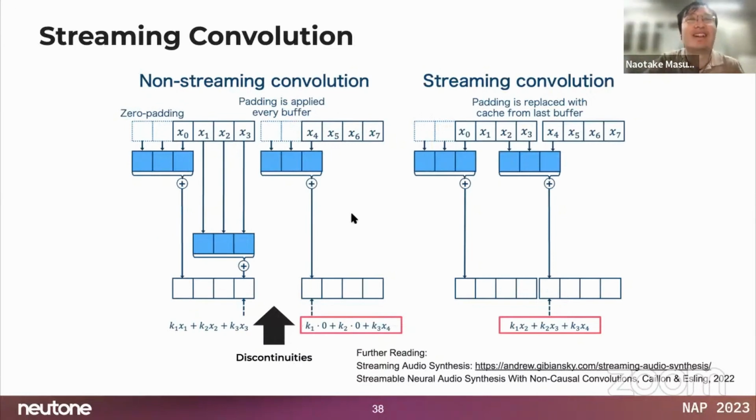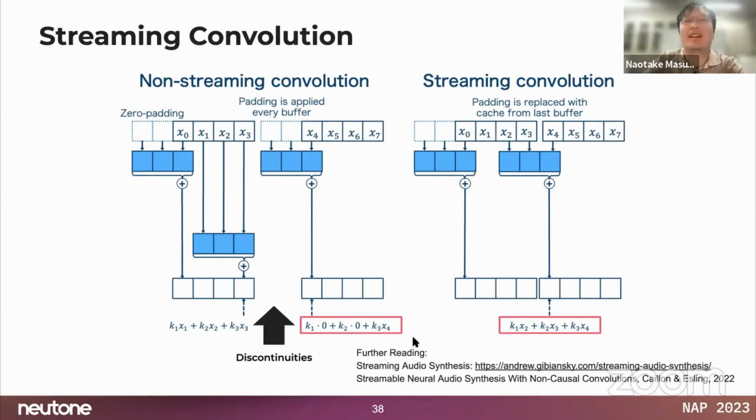Discontinuity, is that spelled right? I don't know, but that's totally unacceptable for an audio effect. So streaming convolution takes care of this by replacing the padding with the end of the first buffer. Calculation-wise, it'll be the same as if the buffers weren't split at all.